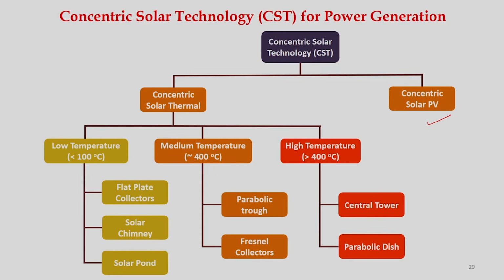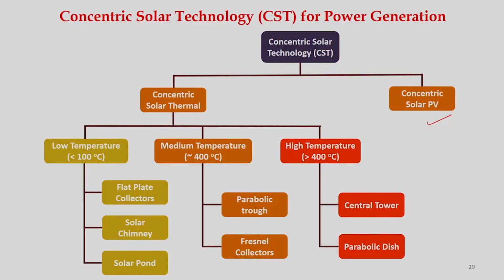As far as low temperature applications are concerned, we will go for flat plate collectors, solar chimney, and solar pond. For medium or moderate temperature applications up to 400 degrees C, we will go for parabolic trough and Fresnel collectors.